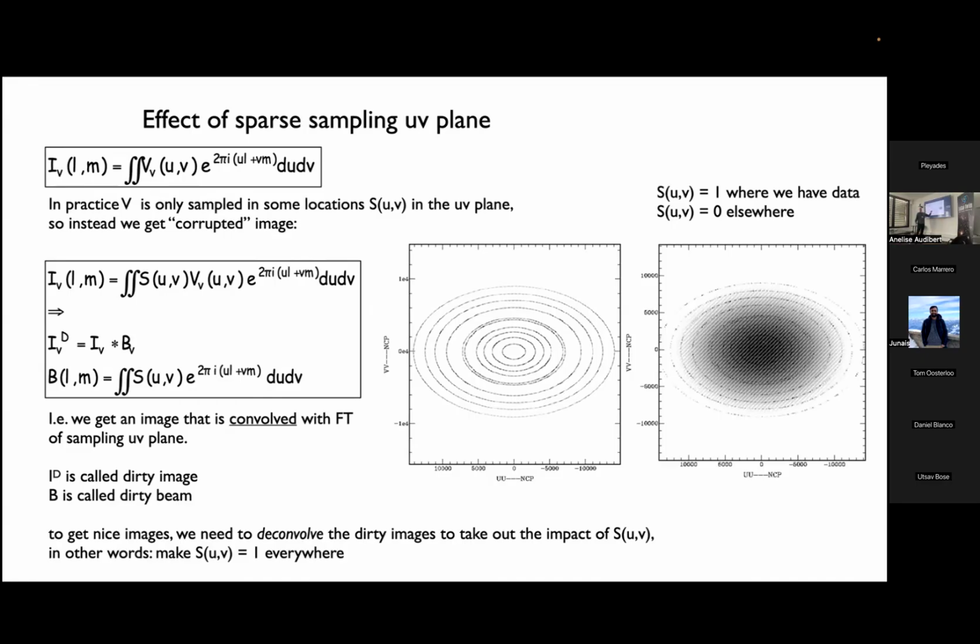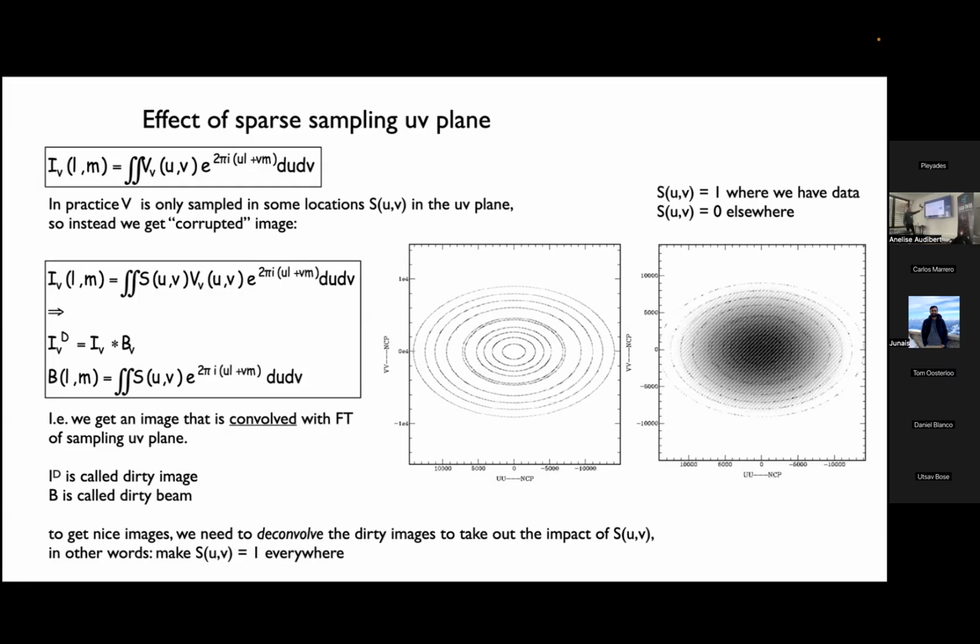We only have measurements on these tracks, but we need a process to interpolate into these empty spaces. That's called deconvolution. I'll try to explain how that works.